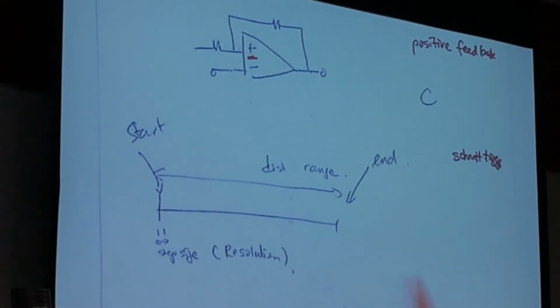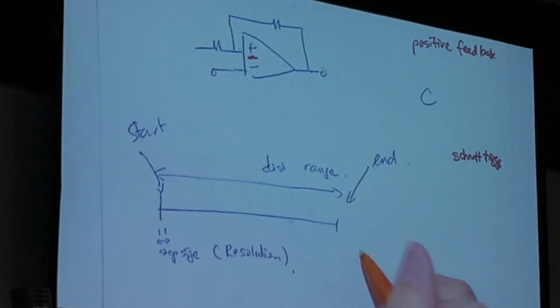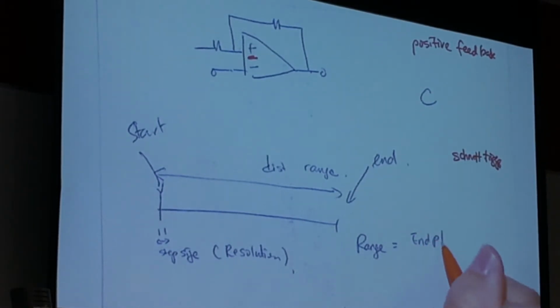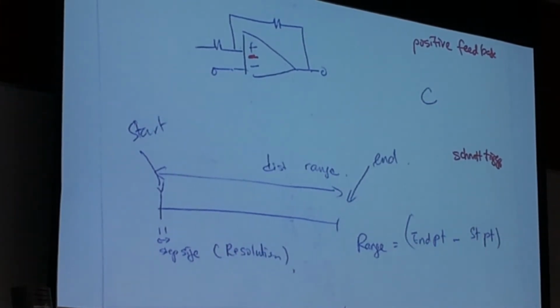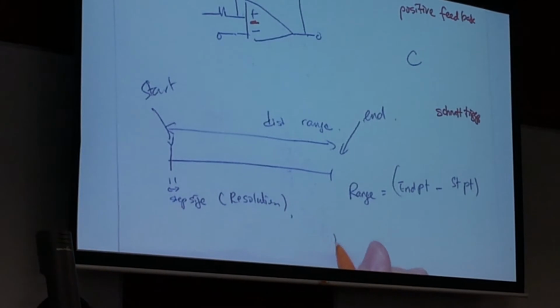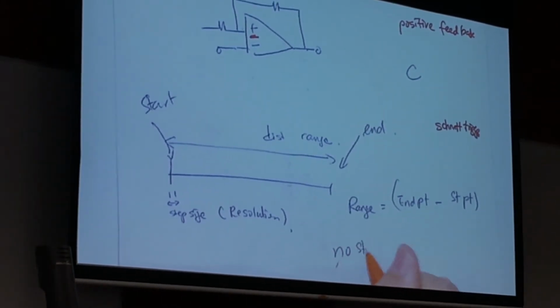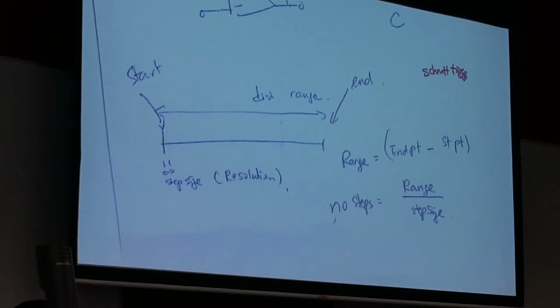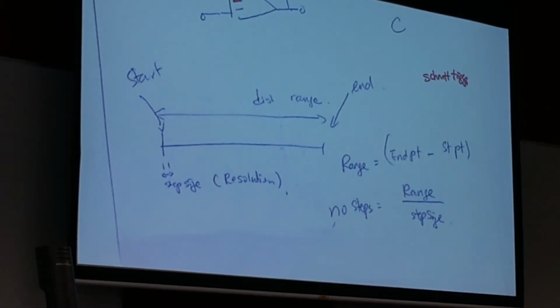To answer this question, your range is given by endpoint minus starting point. Is that clear? The number of steps is equal to range divided by your step size. Agree? And the number of bits.